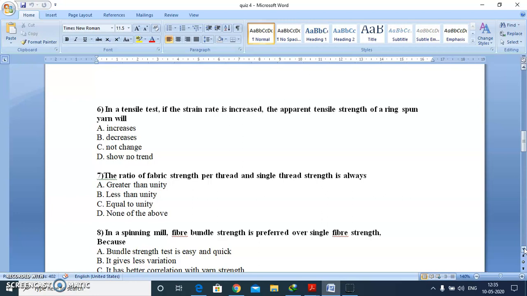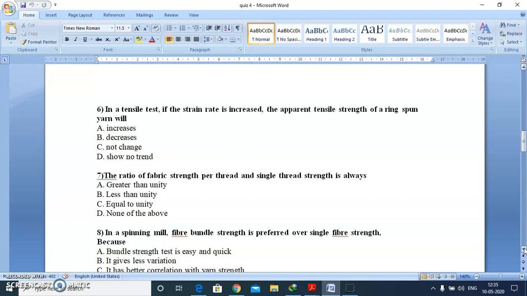As we all know, rapid loading gives higher breaking load. As we increase the strain rate, or as we increase the speed of the testing machine for strength testing of the yarn, the tensile strength apparently increases. So we'll go with option A here.